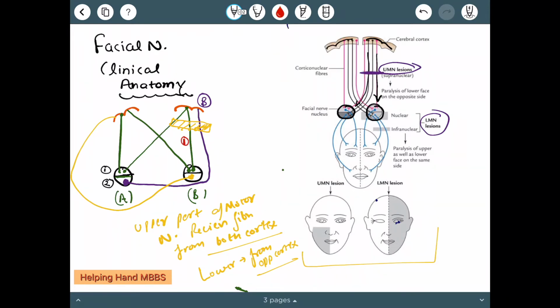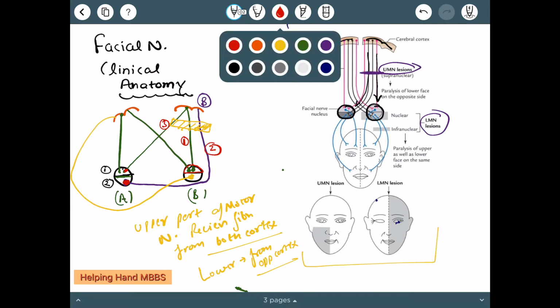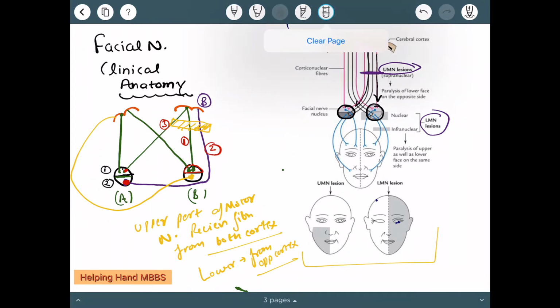The first fiber is supplying the upper part of the same ipsilateral motor nucleus. The second one, which is compromised, is supplying the opposite one, and the third one is also supplying the opposite one. If these fibers get cut, what will be left? Let me erase fibers 1, 2 and 3 so that you can understand it better.